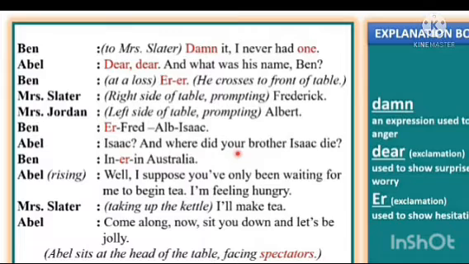So that's why he had a little bit of confusion. And she said Isaac. Then Abel says, "Isaac, where did your brother die?" In which place did he die? Ben said, in Australia.